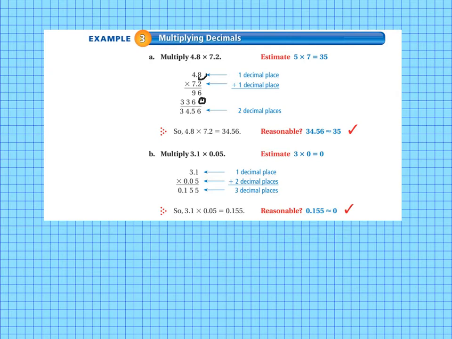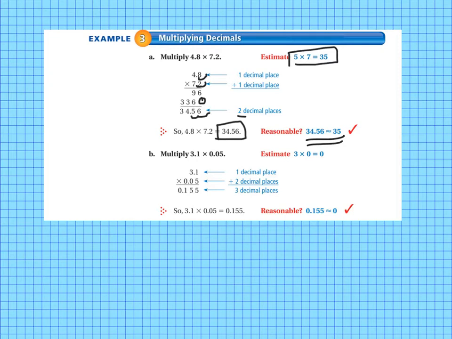We have 1 on the top and 1 on the bottom. 1 plus 1 is 2, so we swoop in 2 in our product. So 4.8 times 7.2 is 34.56, and our estimate was 5 times 7, so that's 35. So that's very close, very reasonable.